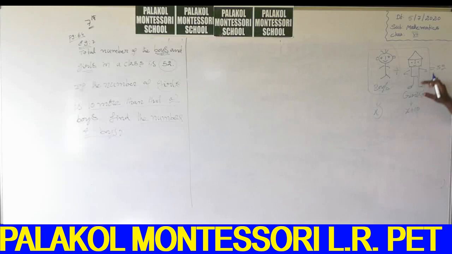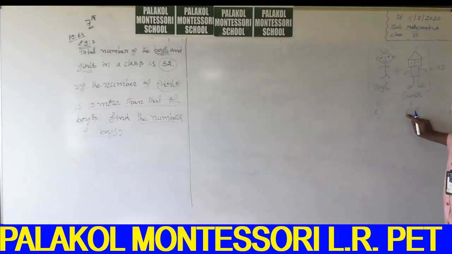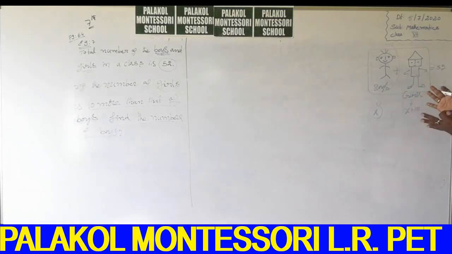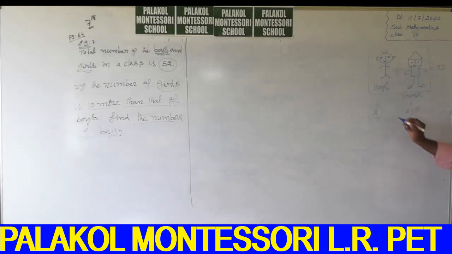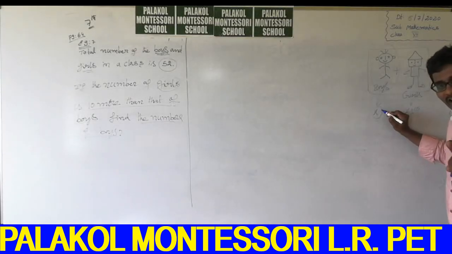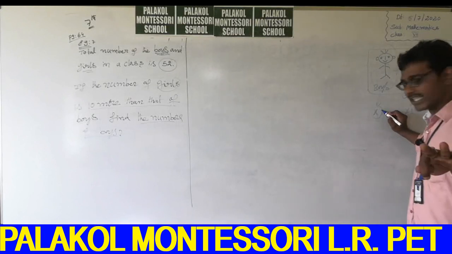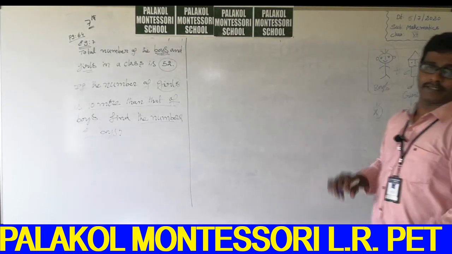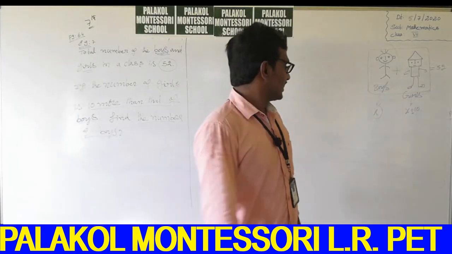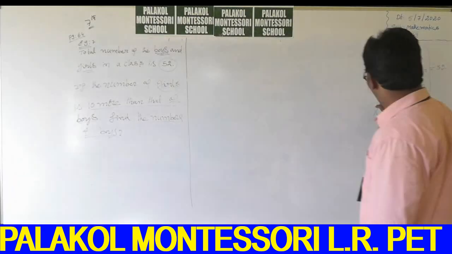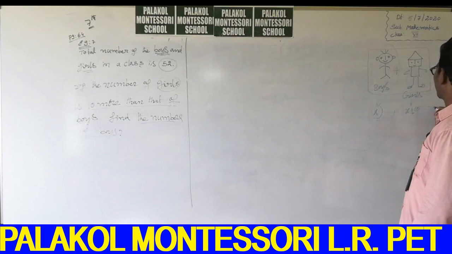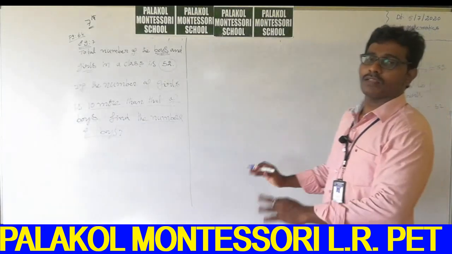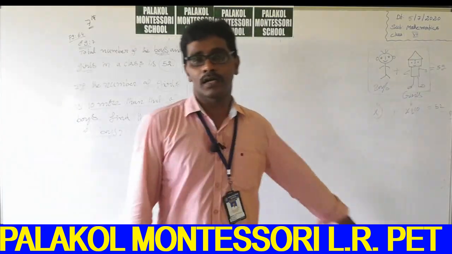The number of girls is 10 more than that of boys. 10 more means extra, that's why you write a plus sign. We already know the number of boys is x, so x plus 10. Now the sum of boys and girls is 52. You solve that equation and you get the answer.